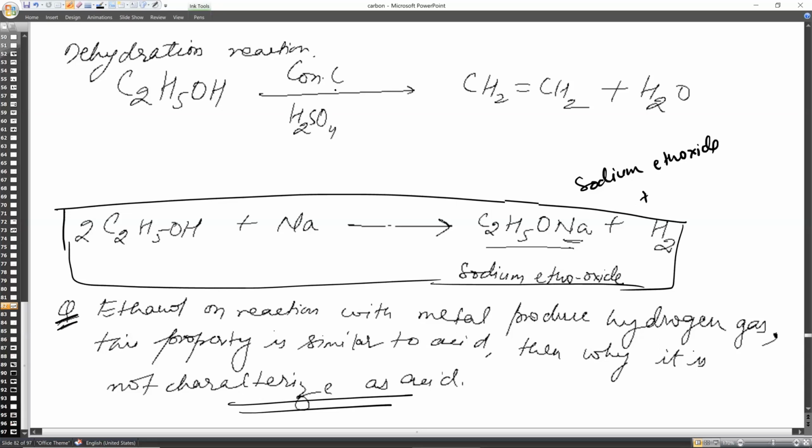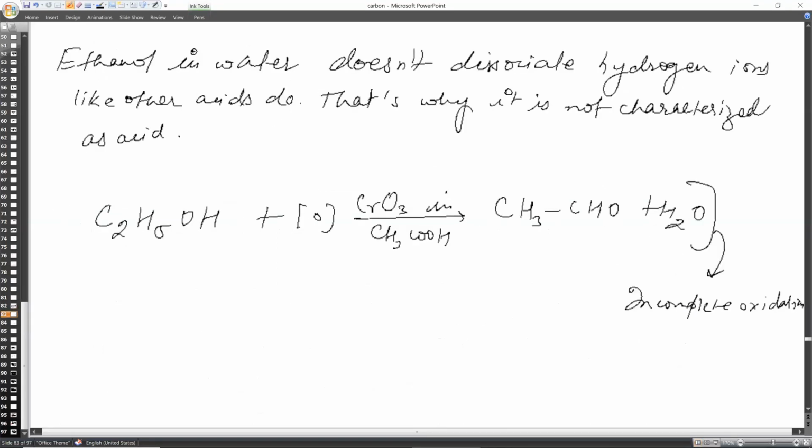Have you noted, Jovita? So we wrote this question last Tuesday. Have you written the answer also? No, sir. Note it down: ethanol in water does not dissociate the H plus ions like other acids do. That's why it is not characterized as acid. Okay.